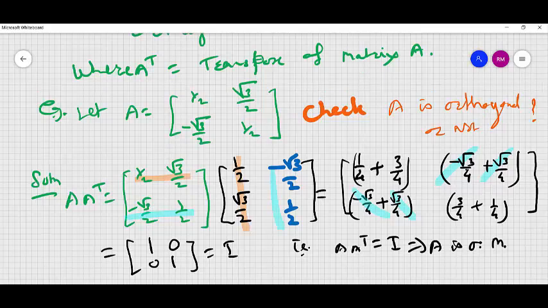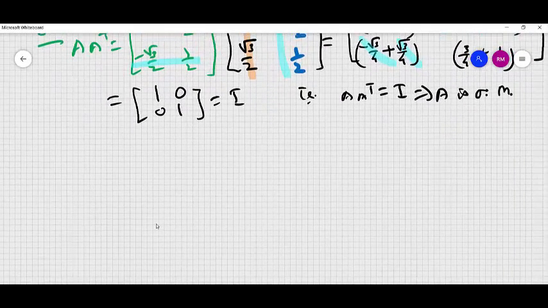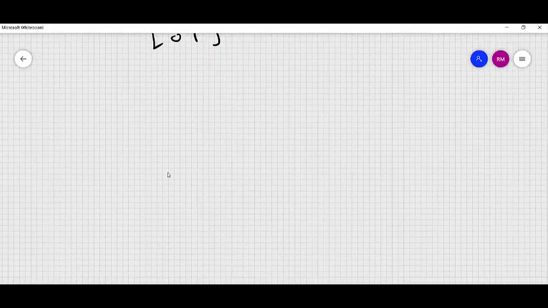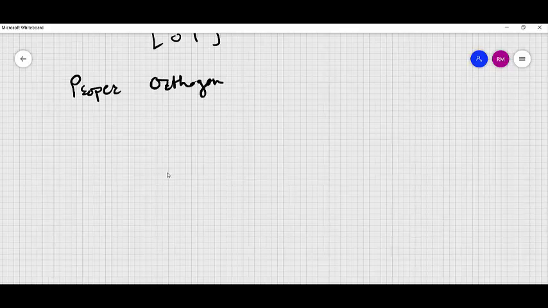Now we take the next concept. Proper orthogonal matrix. There are types of orthogonal matrix. An orthogonal matrix A is called proper orthogonal if determinant of A equal to 1.